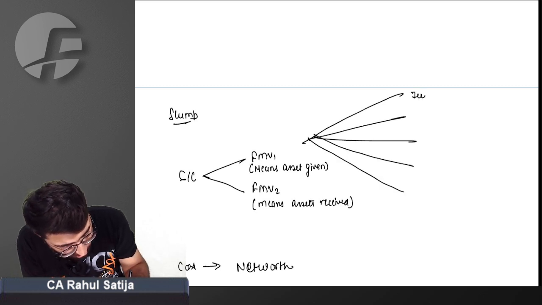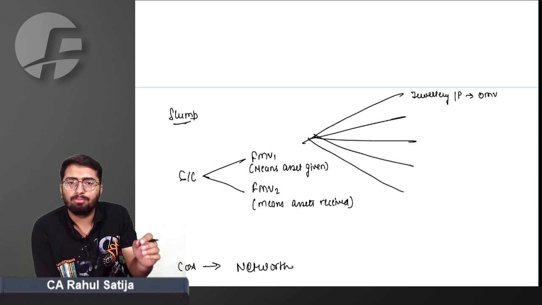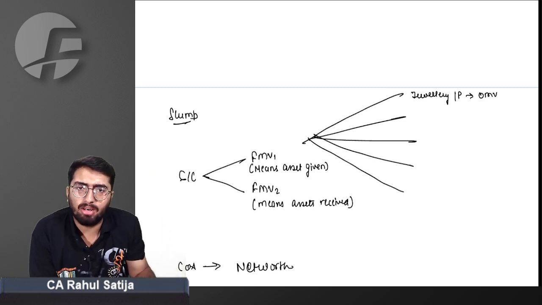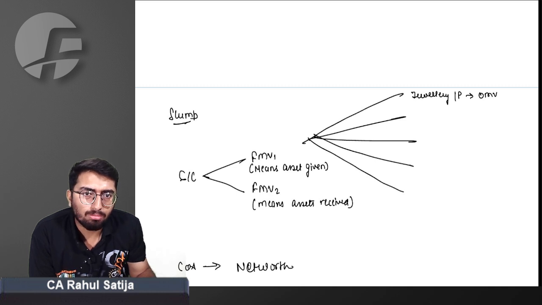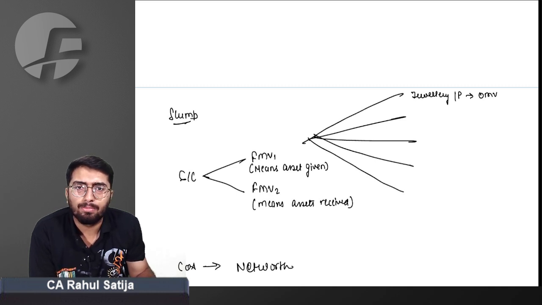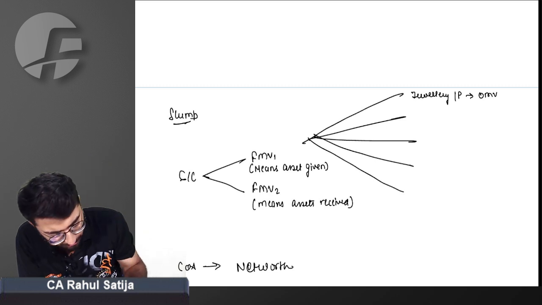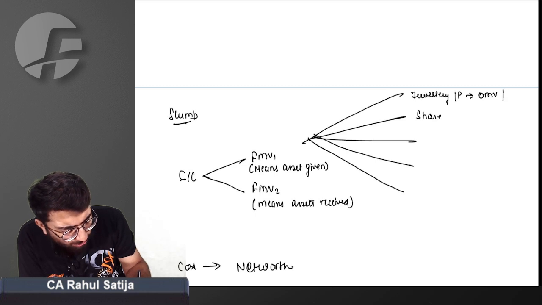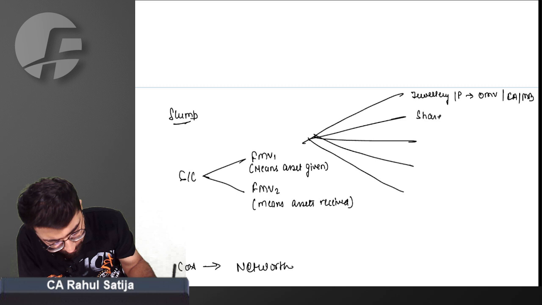If you have any jewelry or painting in your undertaking that is being transferred, just take the open market value of that. If you have any shares, how will open market value be calculated? It will be based on a chartered accountant's report or merchant banker's report.